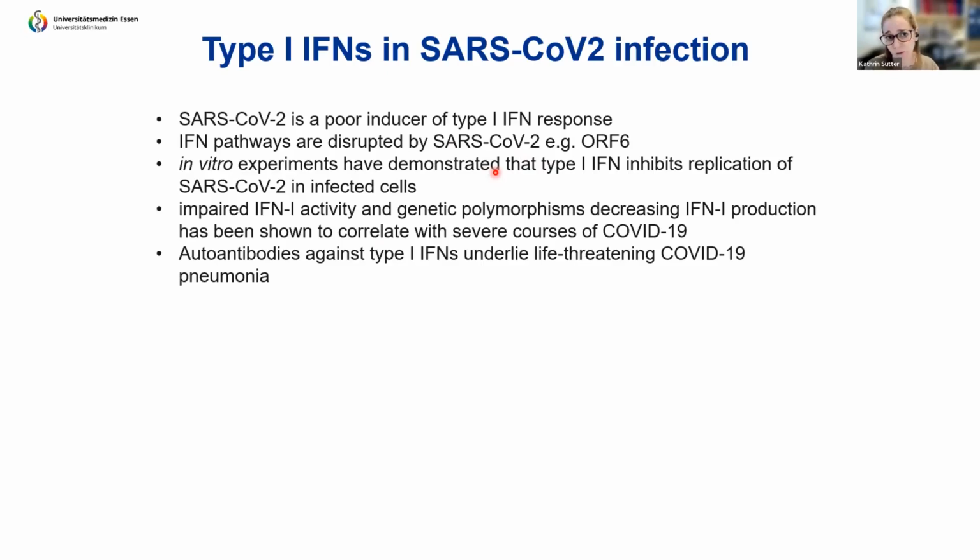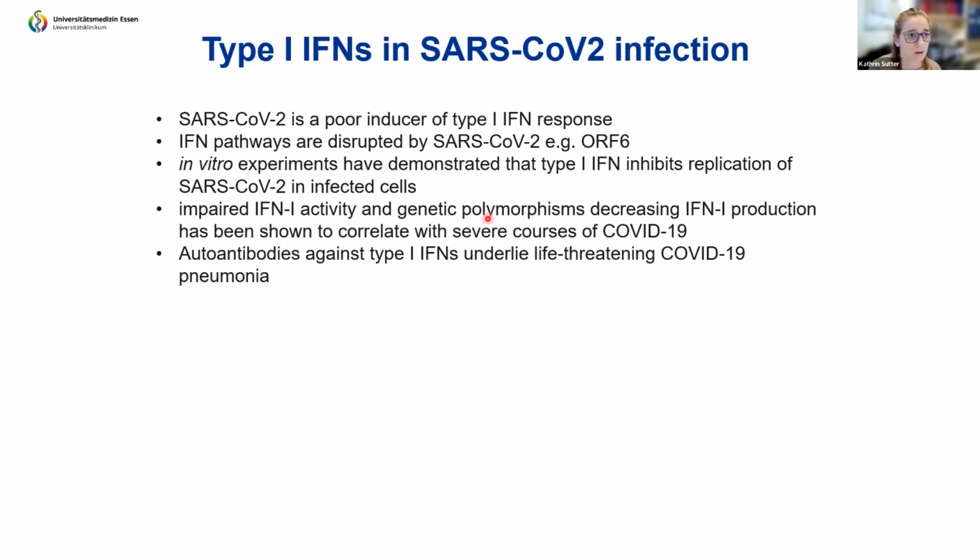With Omicron we do see a little bit more interferon, but with the original strains and the other variants of concern there is only a low induction of type 1 interferon, especially because the virus expresses a lot of proteins which directly evade these pathways, like ORF6, but there are also others. But experiments in vitro have shown that the virus is very sensitive to type 1 interferon.